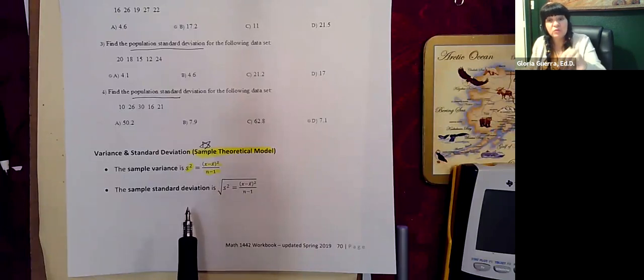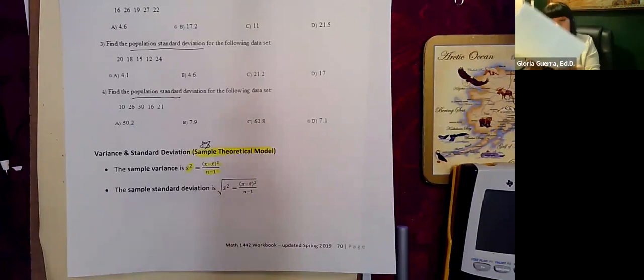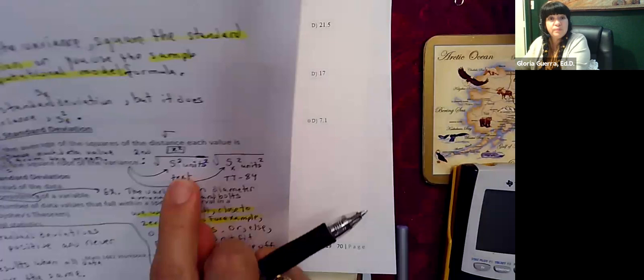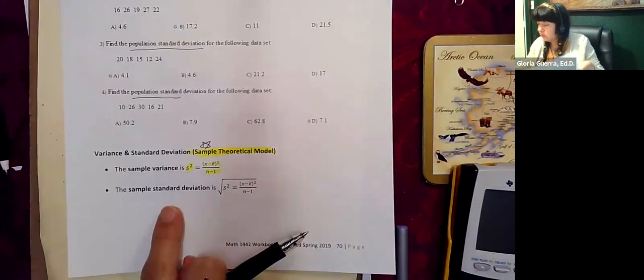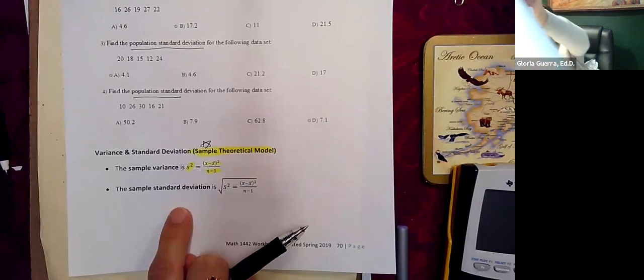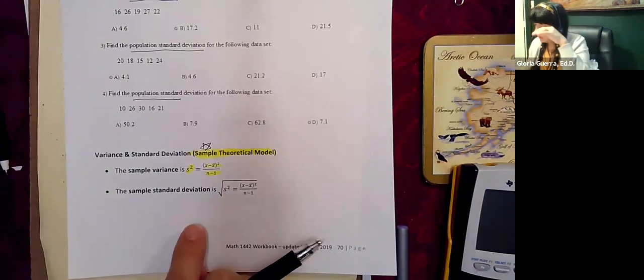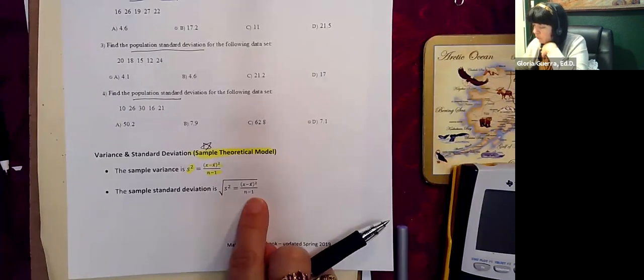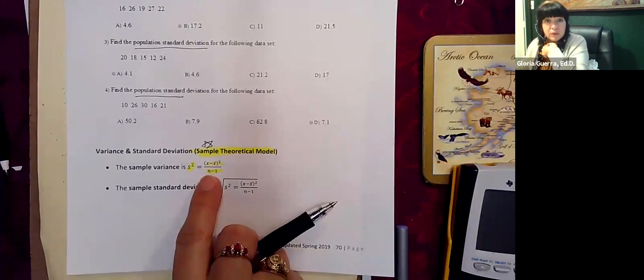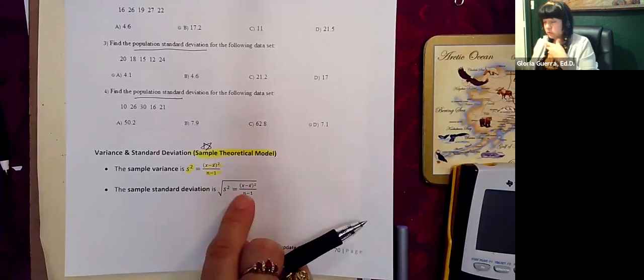Remember how we had the square root of S squared on the previous page? Remember how I had that here? So the sample standard deviation is this. And then they actually have the formula for that there. So that's good.